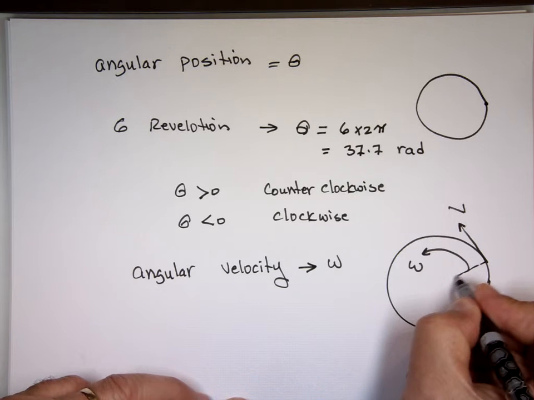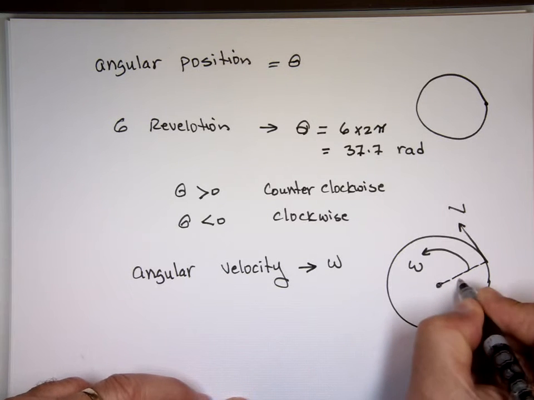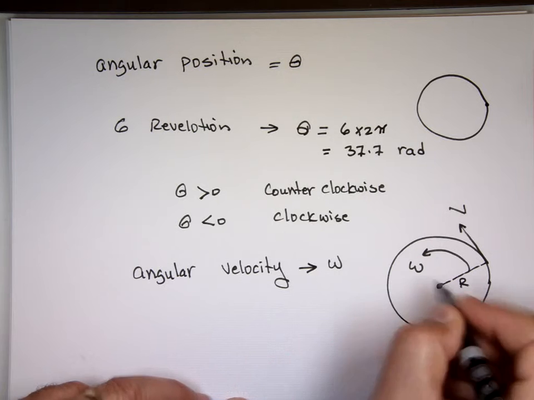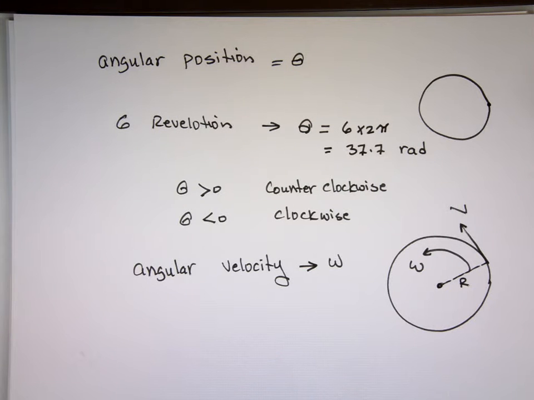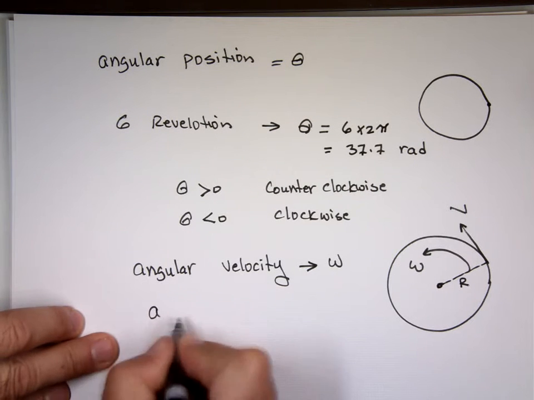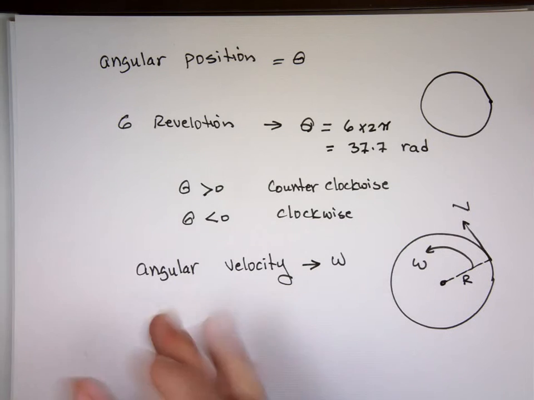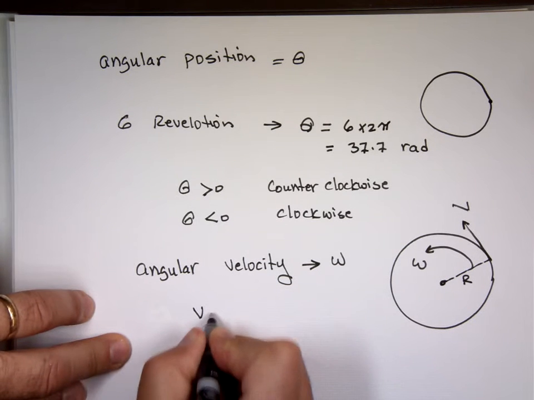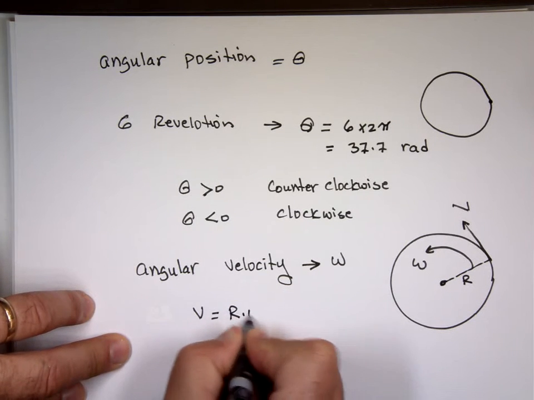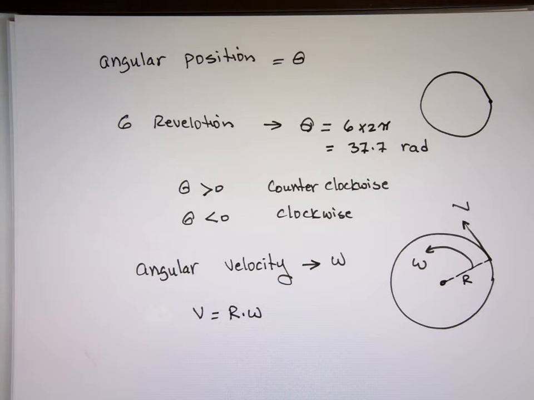That depends on 2 things. It's the radius of the wheel and how fast the wheel is spinning. So the linear speed is related to the angular speed using this equation: V equals R times W. So there's a relationship between how fast the bicycle is moving or how fast your car is moving in relation to your RPM.